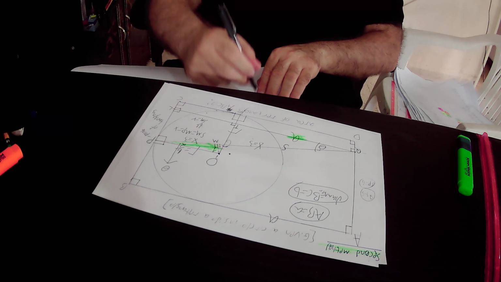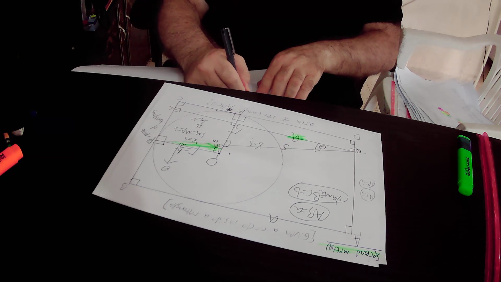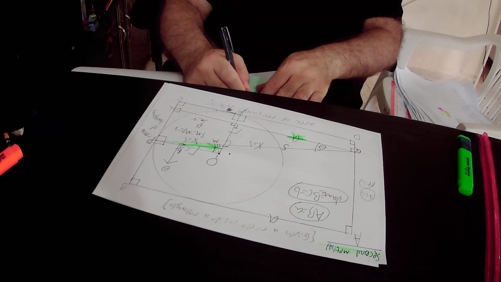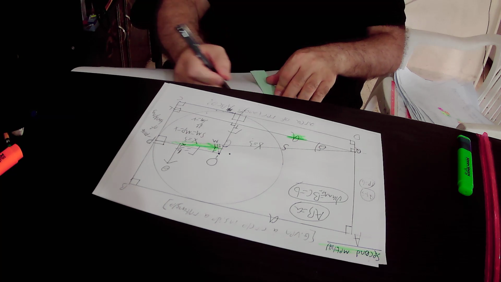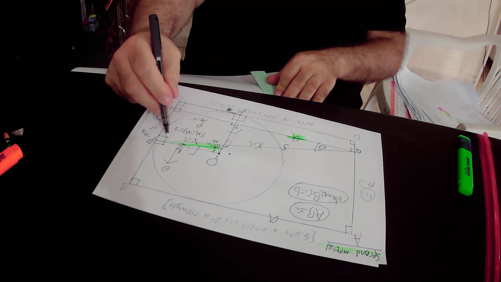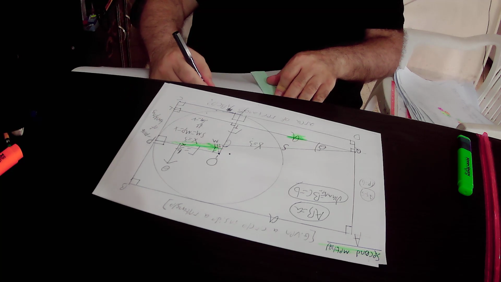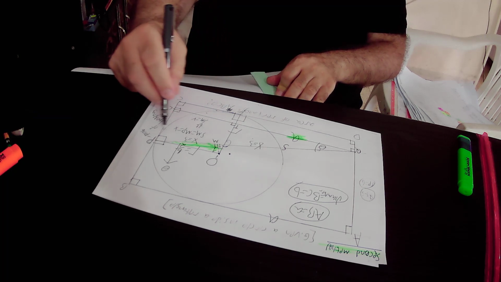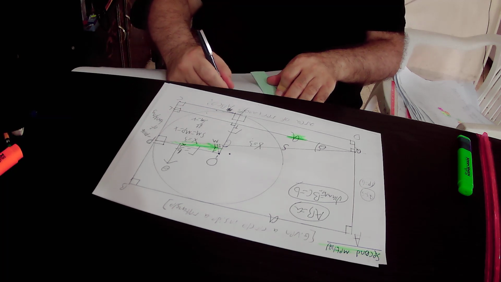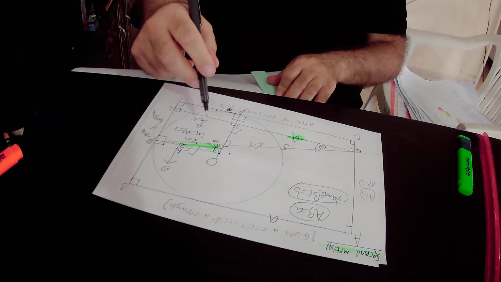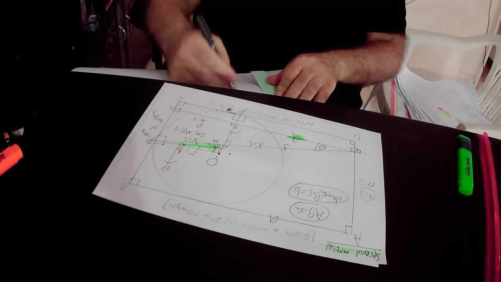Angle OMP equals 90 degrees, according to rule number 4. This angle equals theta, according to rule number 9. We already found out that MP equals 3 units, and the hypotenuse OP equals B over 2.